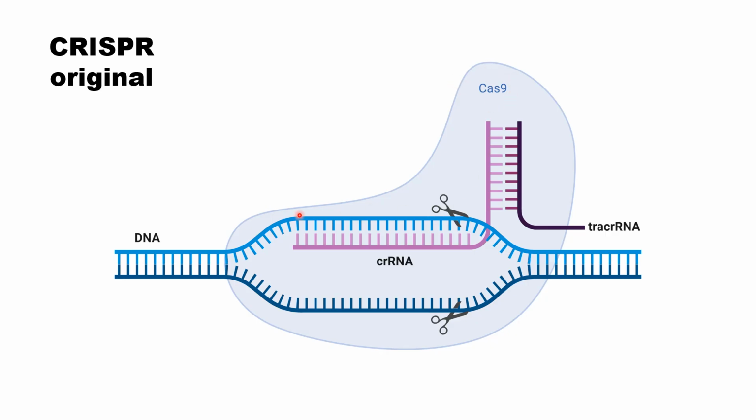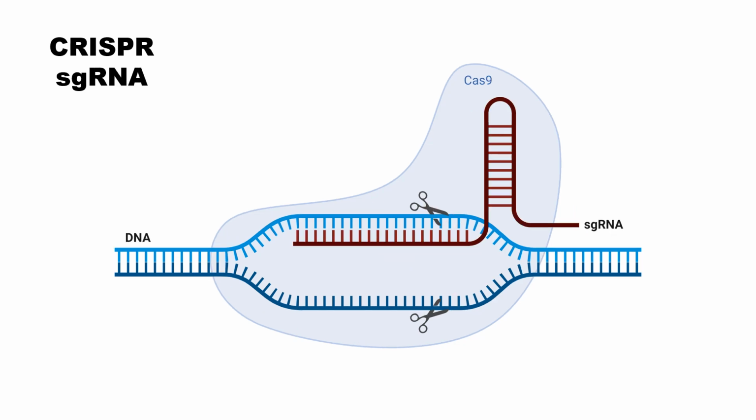If Cas9 binds to this complex, it can cleave the host gene's DNA. The original CRISPR system required two strands of RNA, but to make it easy to use, they can be connected together to make a single guide RNA.